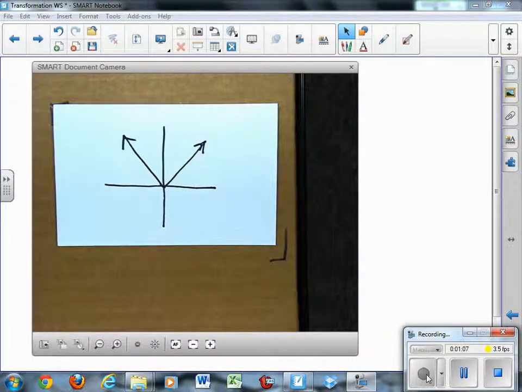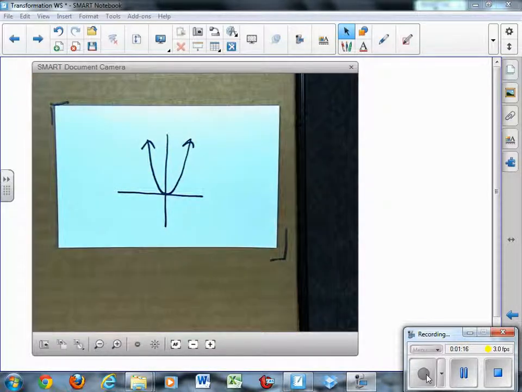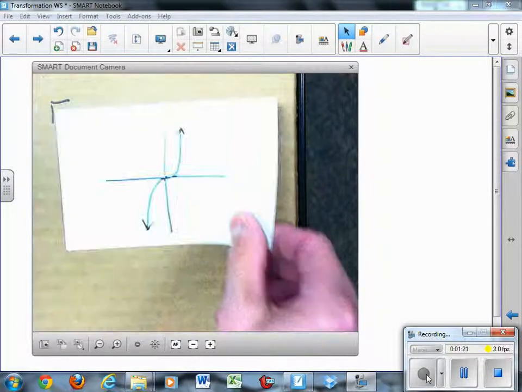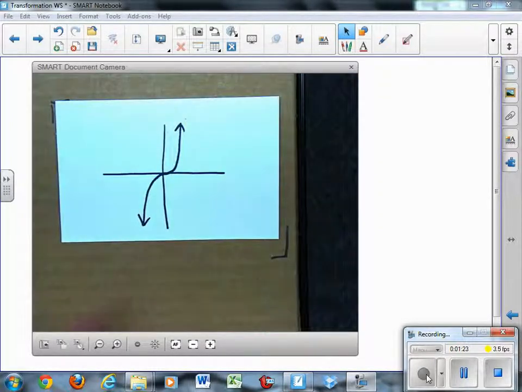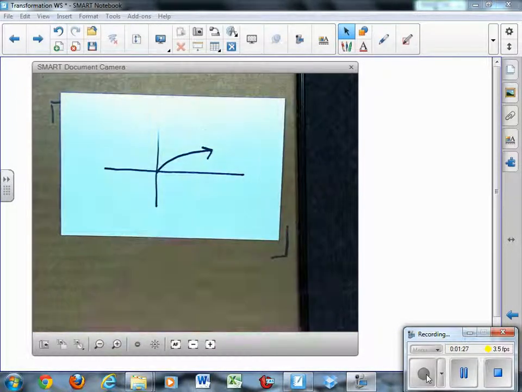Now, going in order of the functions on the worksheet, this is f of x equals the absolute value of x. F of x equals x squared. F of x equals x cubed. F of x equals the square root of x.